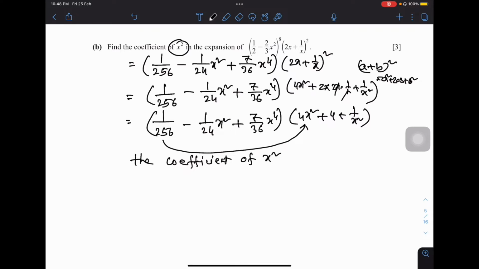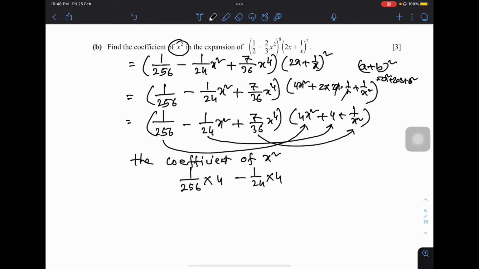So 1 by 256 into 4, then if we multiply these two, then there will also be x square. 1 by 24 into 4, and if we multiply these two, then same thing it can happen, there is x square, 36 into 1.